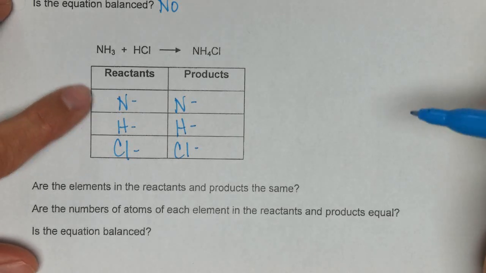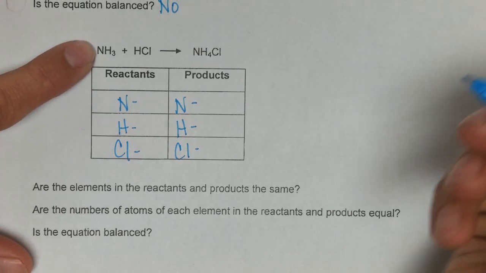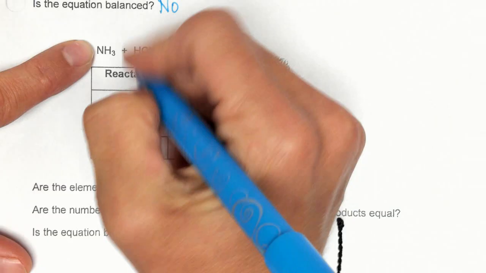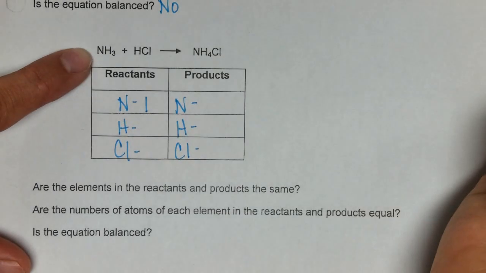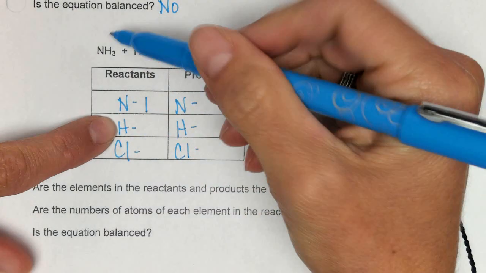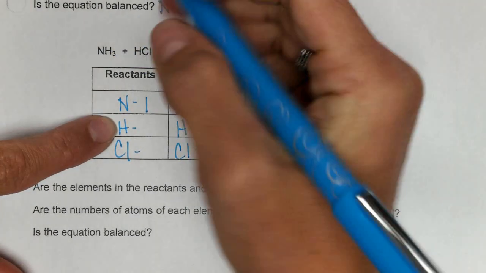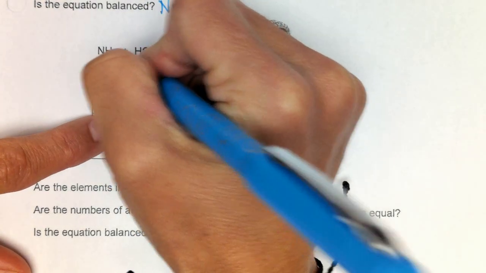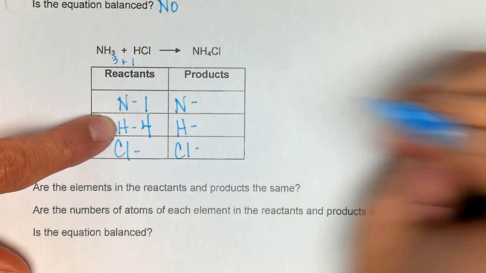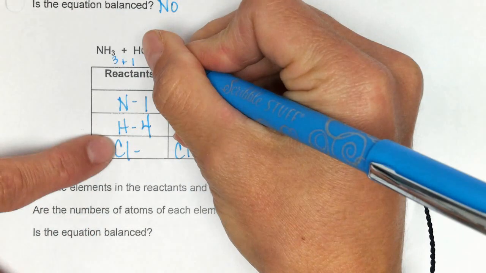Okay, so right here I have 1 nitrogen. I do not have any more anywhere else, so that is a 1. I have a hydrogen. I have 3 hydrogen here and only 1 here, so 3 plus 1. So I have 3 and then plus 1 gives me 4 hydrogen. And I have 1 chlorine.